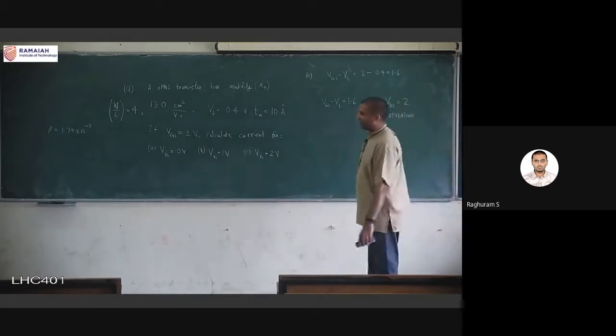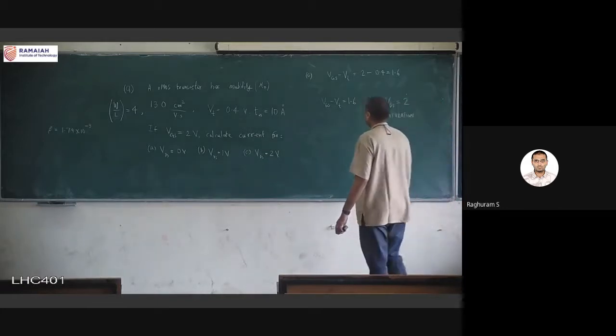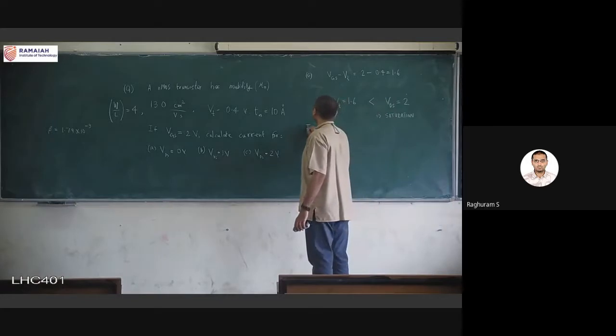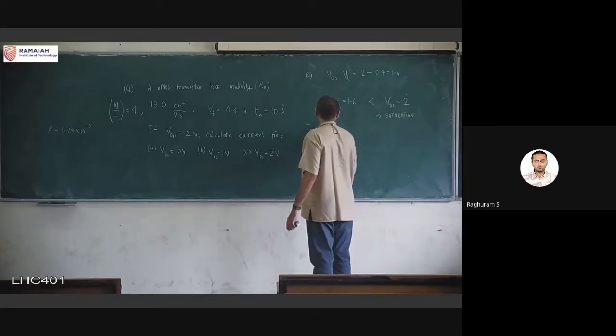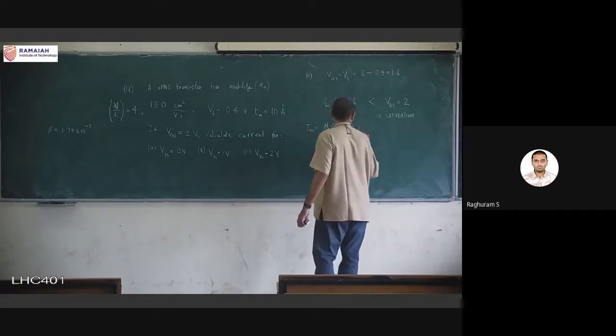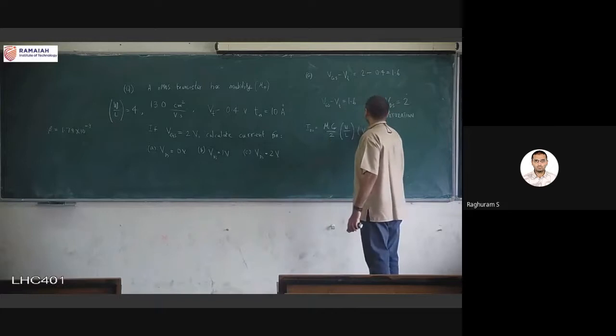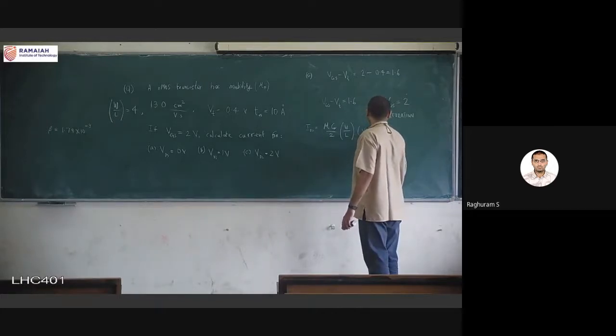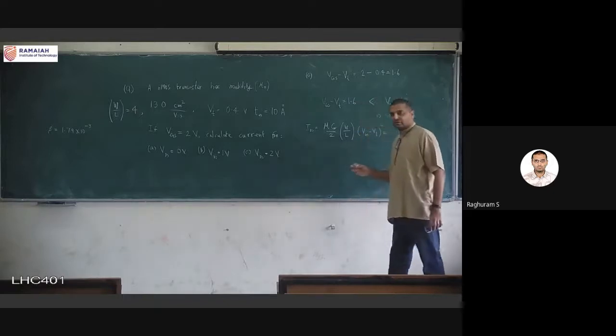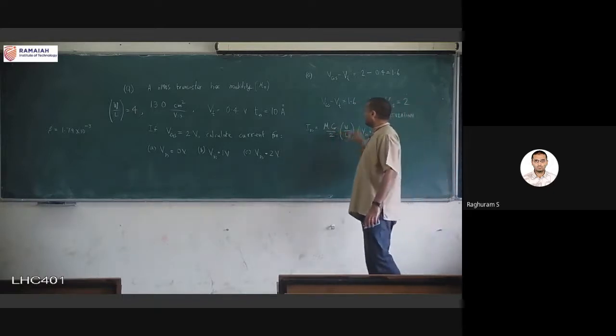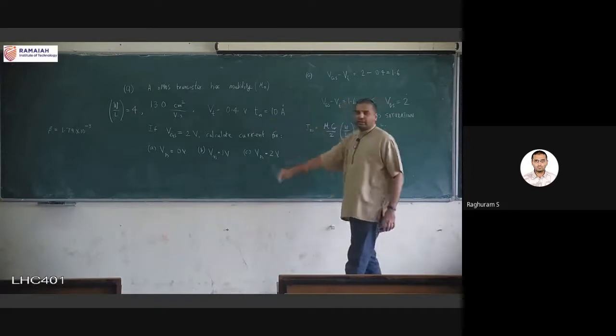So in the saturation region of operation, we have the new equation for current, IDS equal to mu Cox by 2 W by L, VGS minus VT the whole square. This is the equation we derived yesterday, but I have done a lot of these calculations in terms of beta.